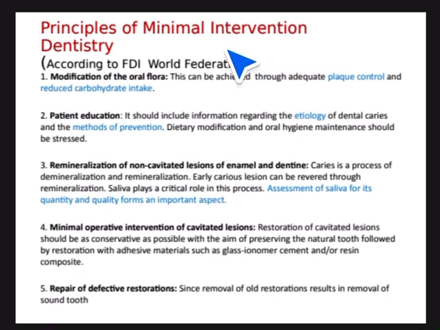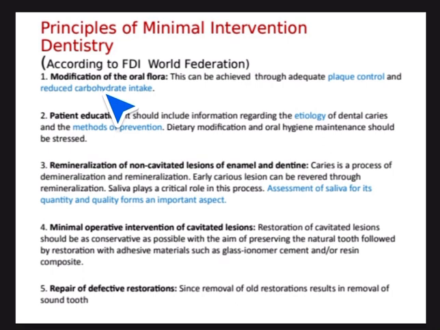Number one principle is modification of oral flora. If you want to prevent caries, you have to have good plaque control and reduce carbohydrate intake. Now, this carbohydrate intake means to reduce the sugars or refined carbohydrates which cause caries.